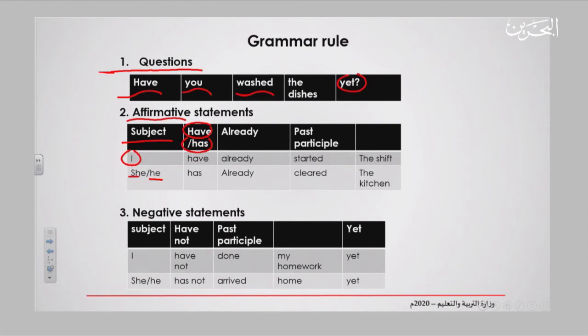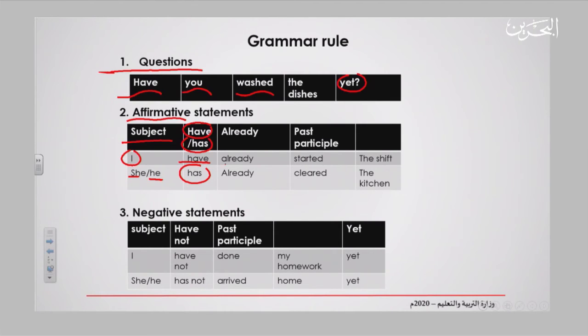Pay attention. When I'm talking about I, it should go with have. You have. We have. They have. So the plural subjects take have. And if it's singular, like she, he, it, they will be followed by has. Let's go one by one.